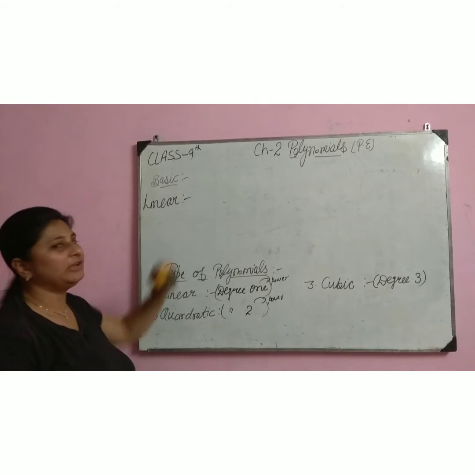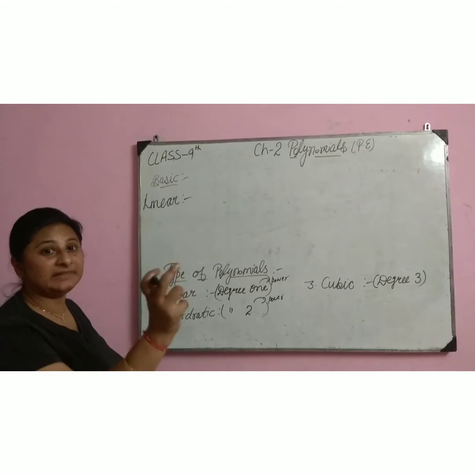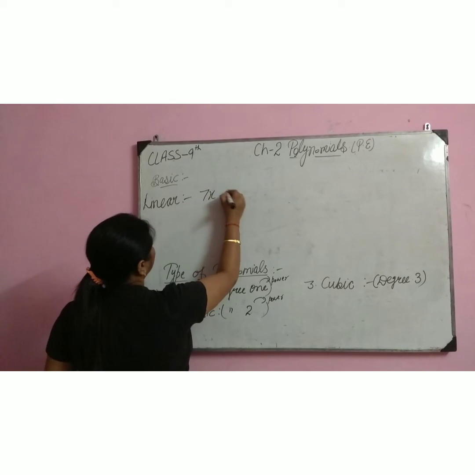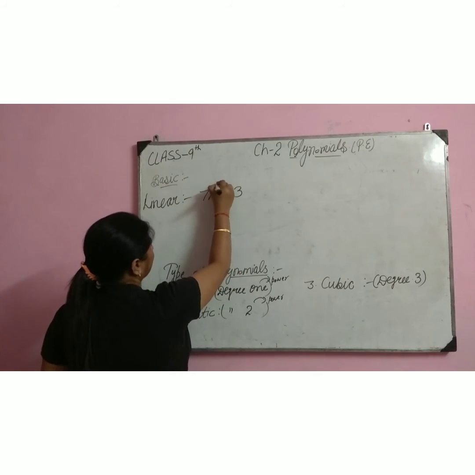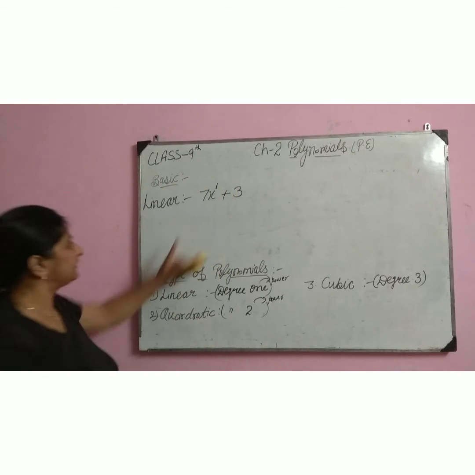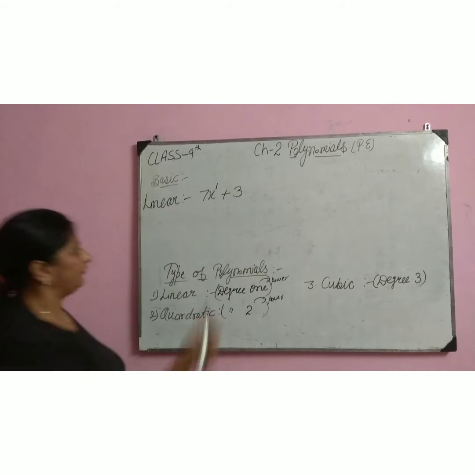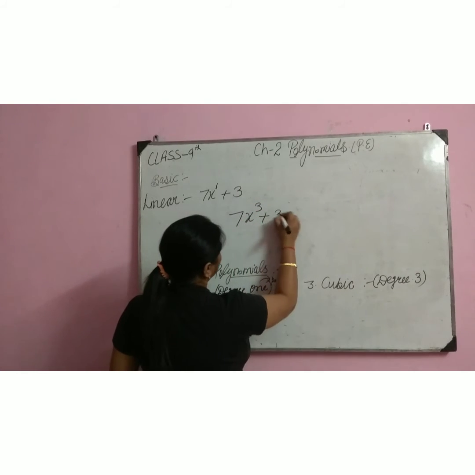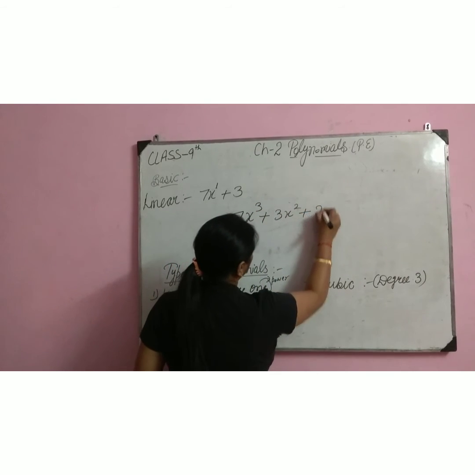According to the degree of polynomial, I write the highest power. In 7x plus 3, the highest power is 1. It means the given expression is linear. For example, I write here 7x cube plus 3x square plus 2.